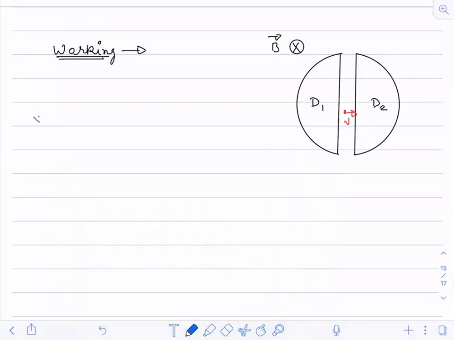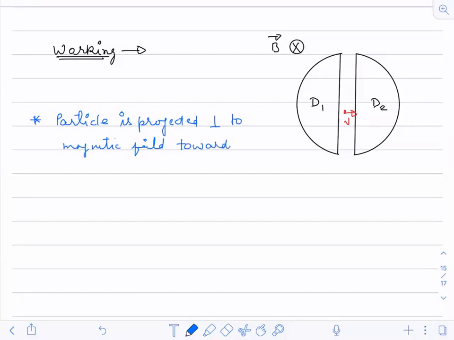The particle is projected perpendicular to the magnetic field towards D2. What will happen? Helical path.